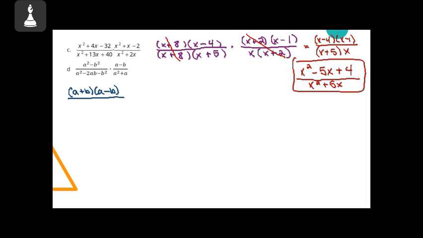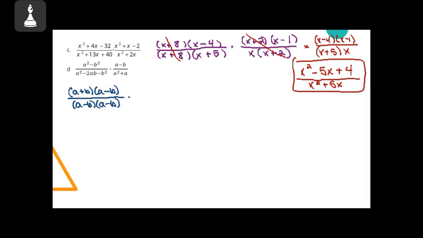And this is the perfect square trinomial. I believe it's actually the formula. So it's going to be a minus b times a minus b. You can look back at those formulas from our factoring section.